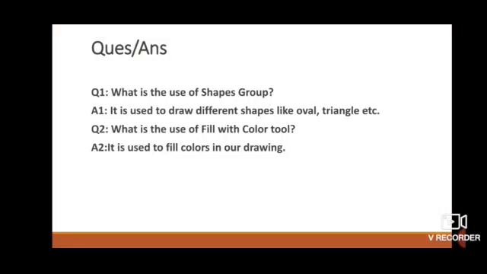Okay, now next, question answers. This you will do in your notebooks. So first one is, what is the use of shape group? It is used to draw different shapes like oval, triangle, etc. What is the use of fill with color tool? It is used to fill colors in our drawing.